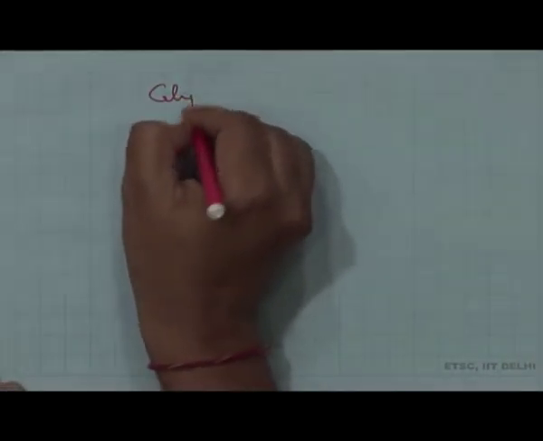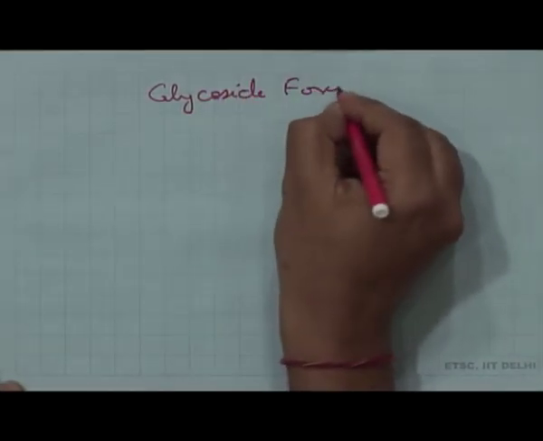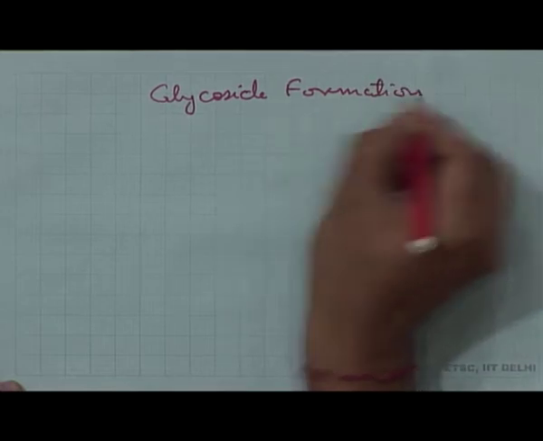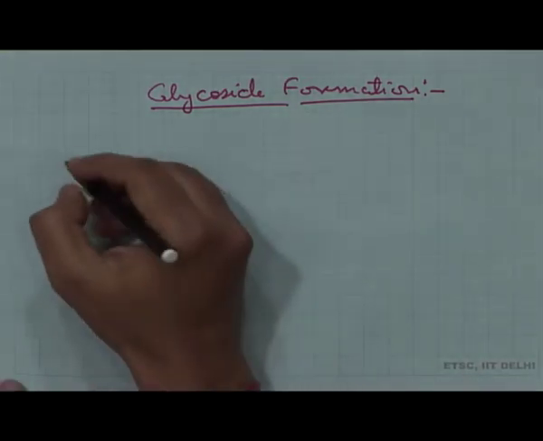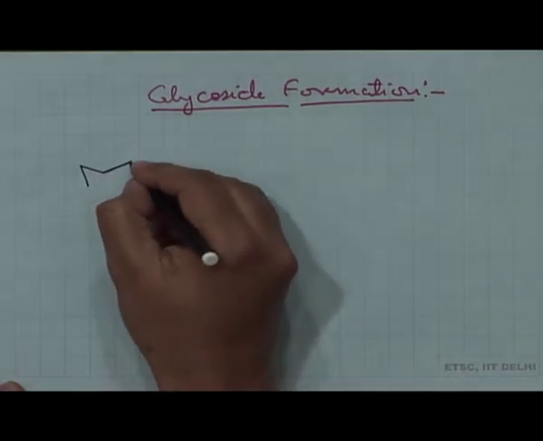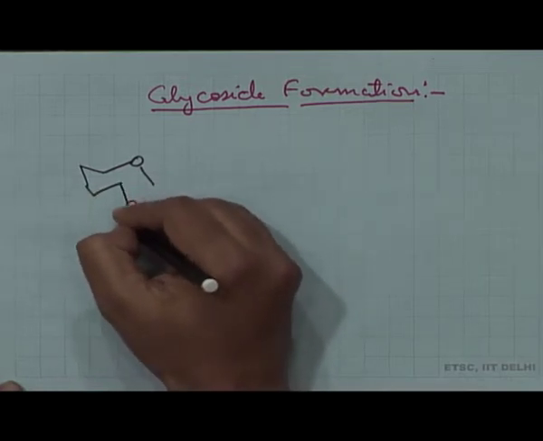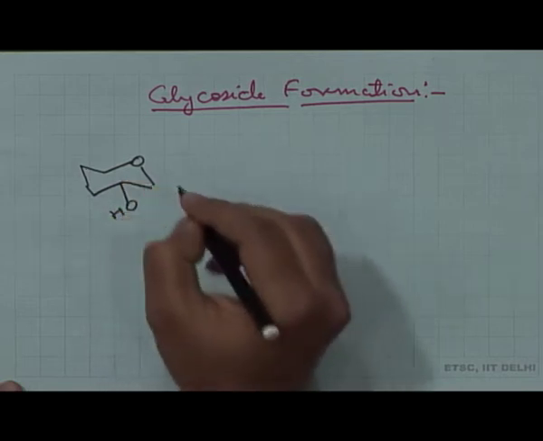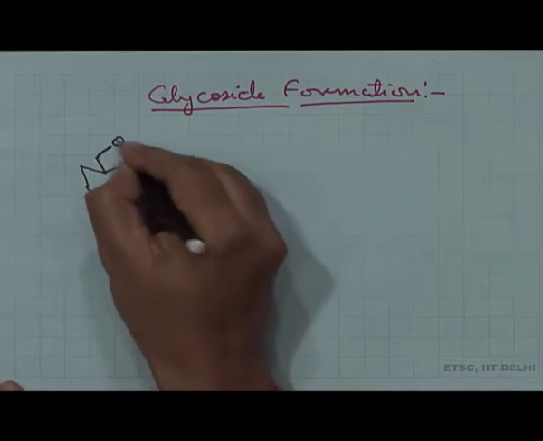In glycoside formation, we discussed the treatment of alpha D glucose with methanol in presence of HCl. As we know, alpha D glucose has polyhydroxy groups in its framework.